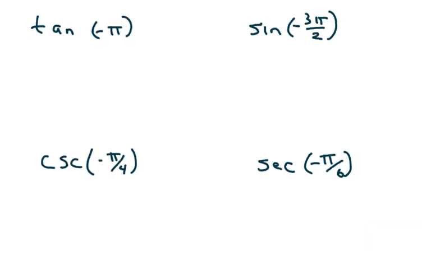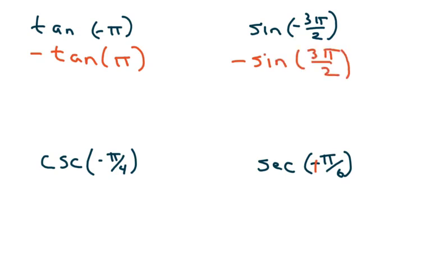All right? The last one, we only have one even here, which is the secant one. The rest are odd, so I'm going to pull out the negative. And then just evaluate. So for tan of negative pi, tan of pi is 0.